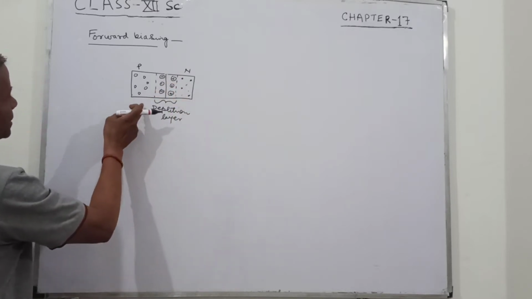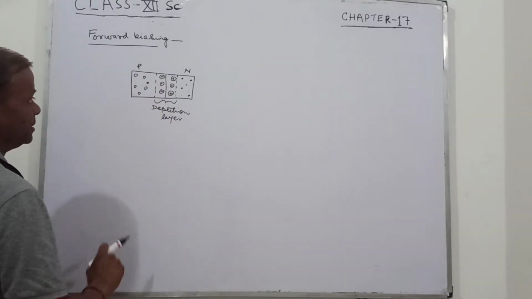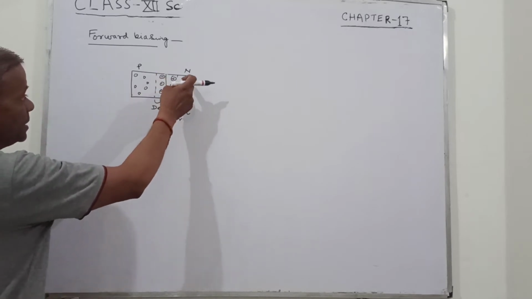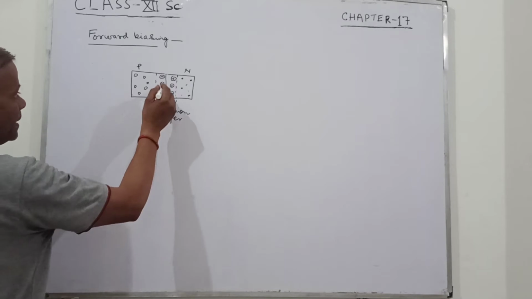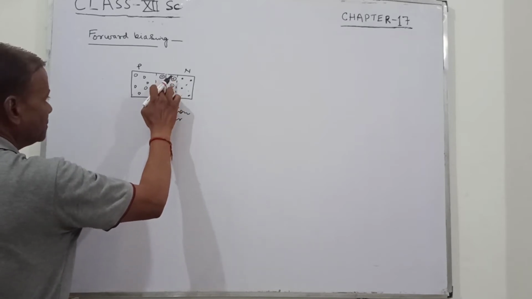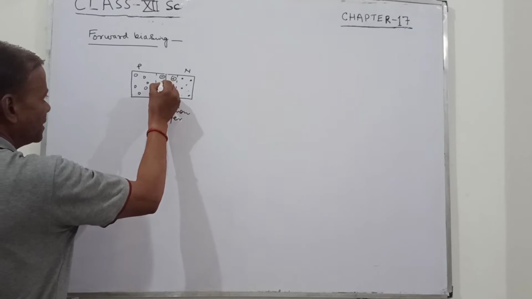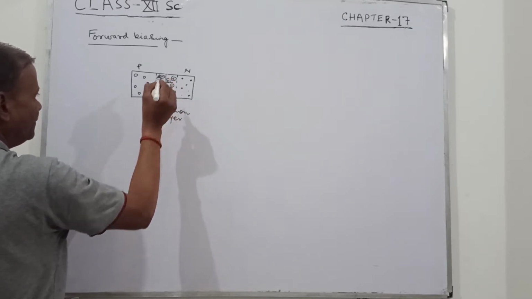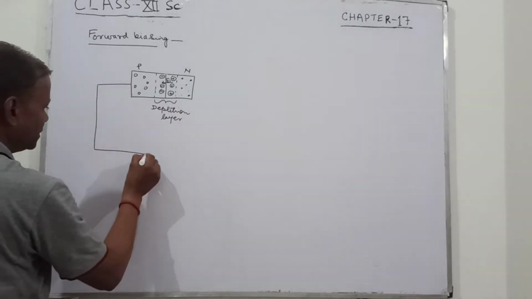This is due to the fact that in the P part the impurities are acceptor impurities, so they are negative ions, and here the impurities are donor type, so they are positive ions, and here is the electric field. This is the internal electric field, E_i, and now this is connected in this way.